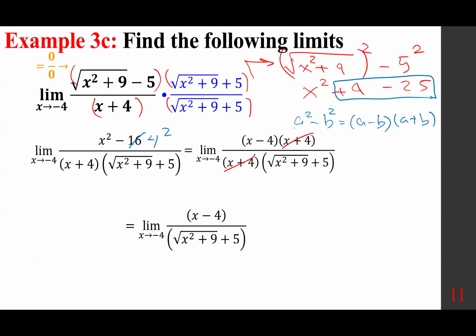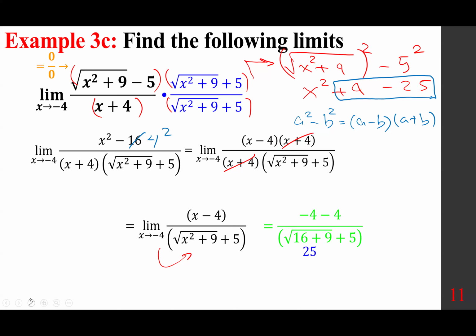So now it's the limit as x approaches negative 4 of square root of x squared plus 9 plus 5. We are going to plug in. When we do that, minus 4, you square it, you get 16. I mentioned that before here. 16 and 9, they add up to 25.